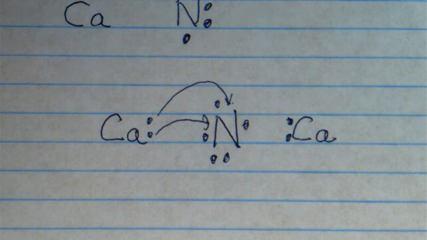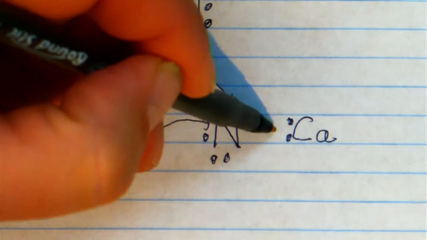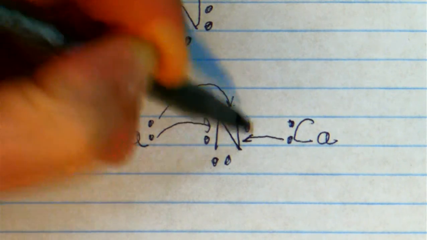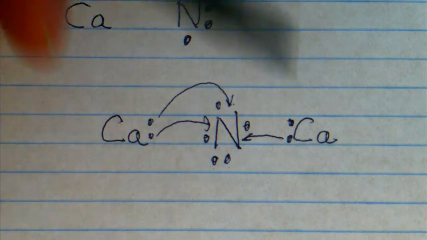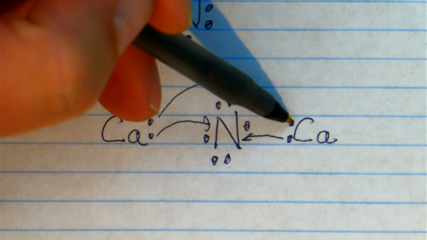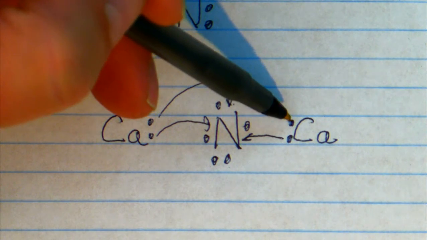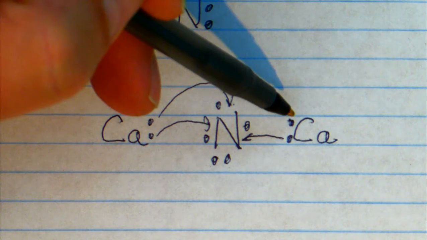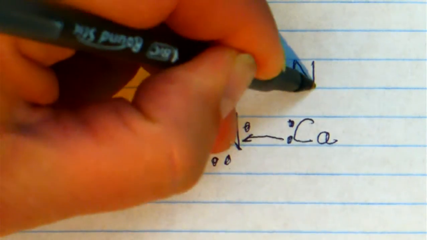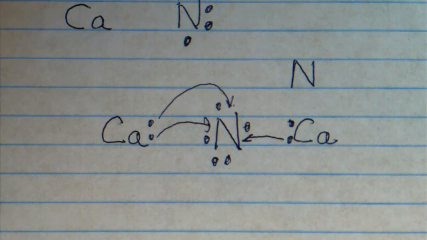Here is a second calcium. It gives a valence electron to this nitrogen, but now it needs to get rid of the second electron. It will give that to another nitrogen.